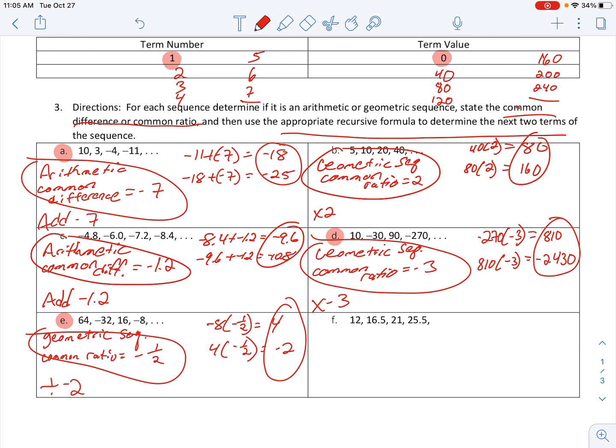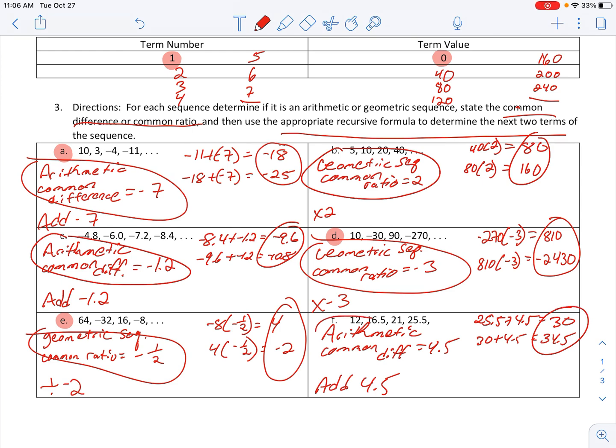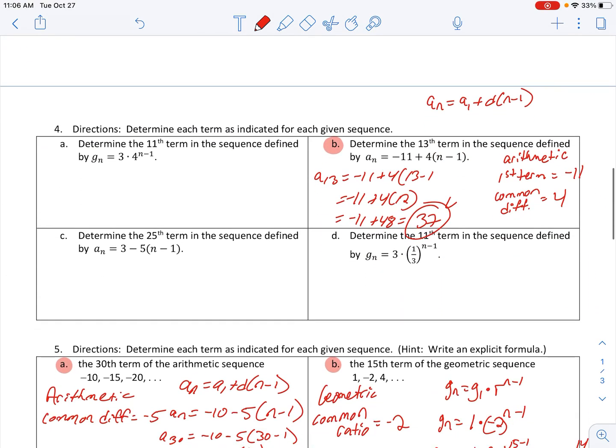It does. So what that means is we are adding 4.5. And since we are adding, that means it's an arithmetic sequence, and therefore we have a common difference. So then 25.5 plus that: 25.5 plus 4.5 gives me 30. And then 30 plus another 4.5, that's that recursive formula. Just keep adding 4.5.